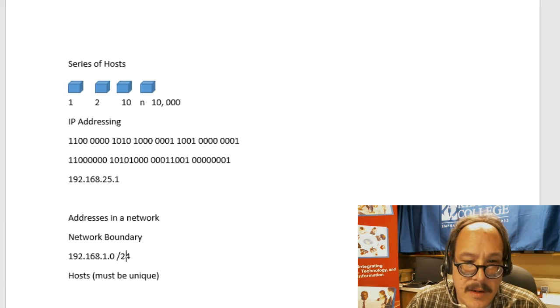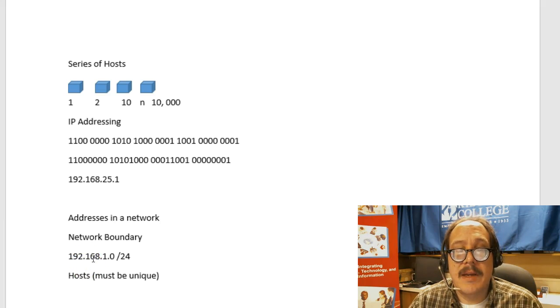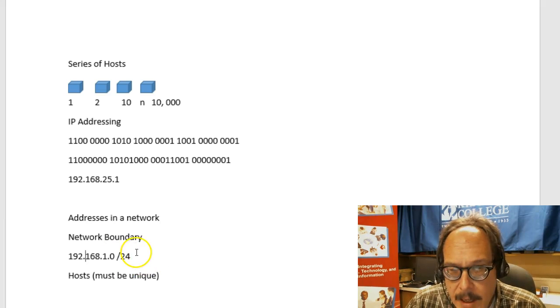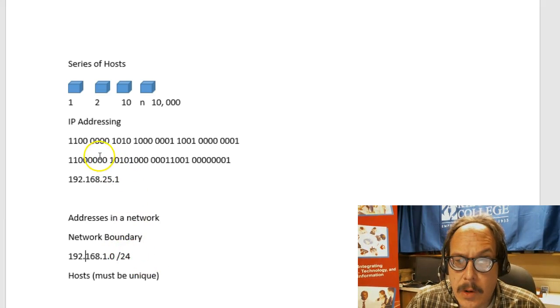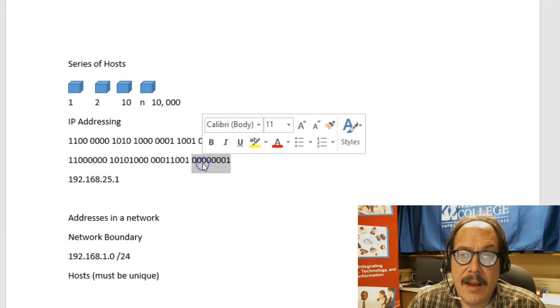I usually put a slash notation on the end to signify the boundaries of that network, how big it is. In this case, that /24 corresponds to 8, 16, 24 bits that denote the network, and then the last 8 bits denote the host.